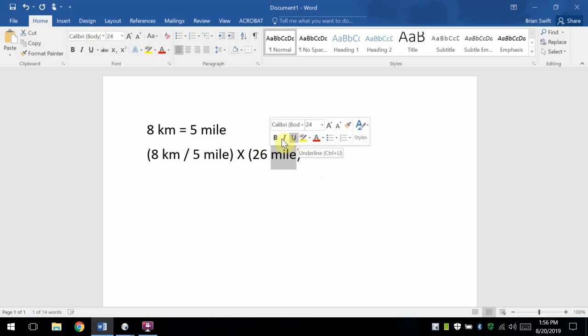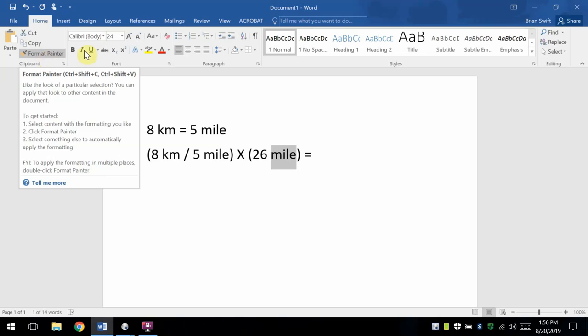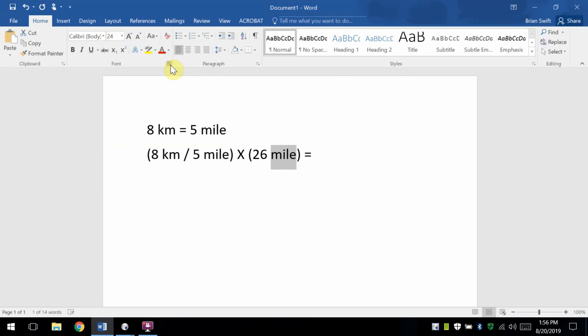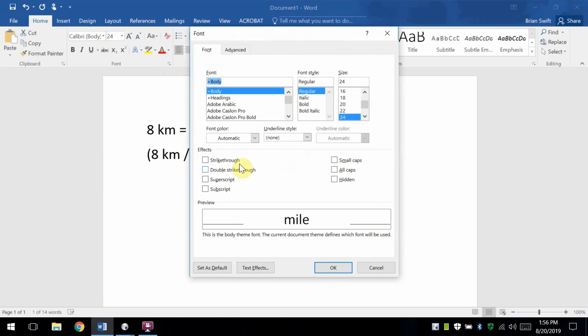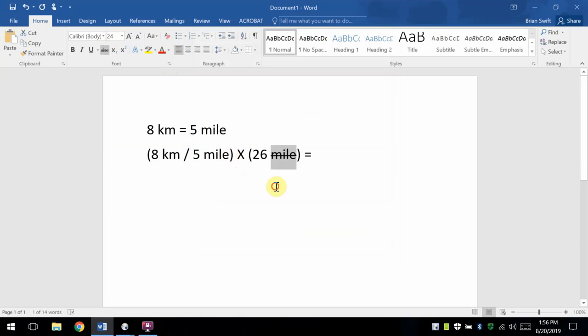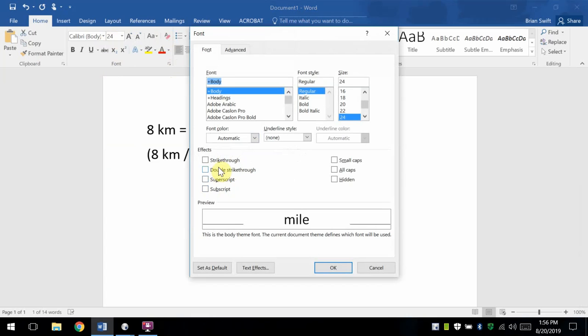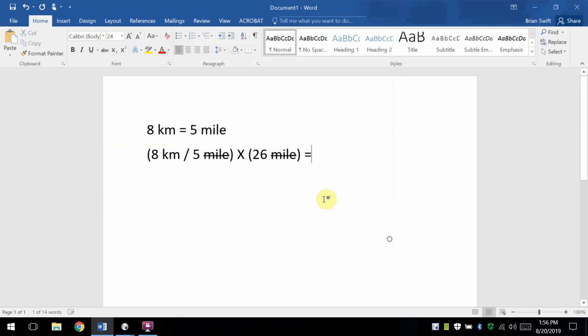Font, color, underline. Aha! Strike through. Okay? And this mile down here, bump, strike through, bump. So they cancel out because this is in the numerator, this is in the denominator.